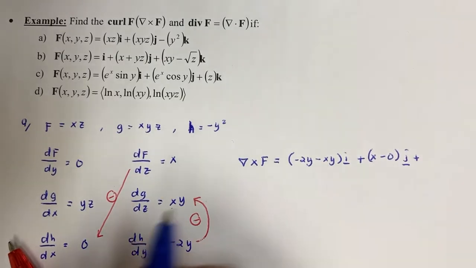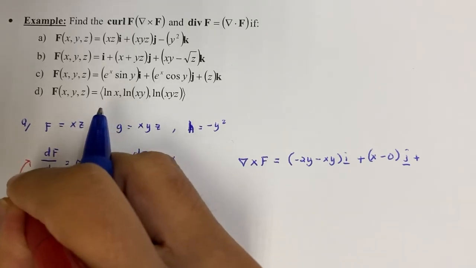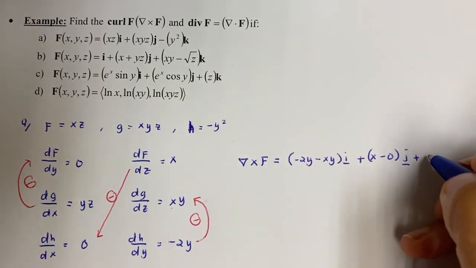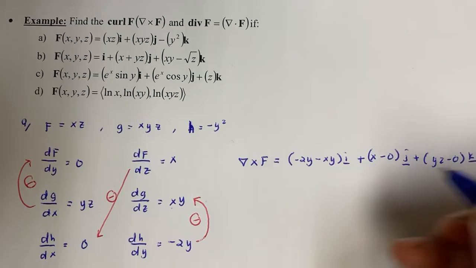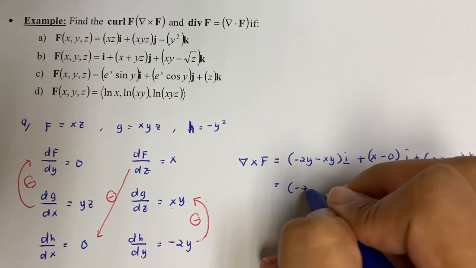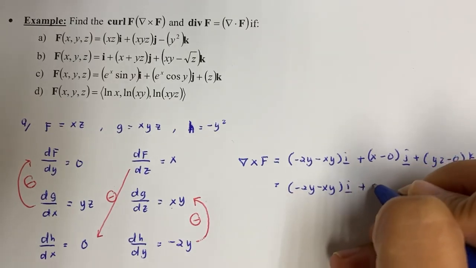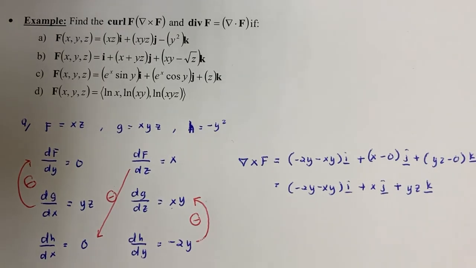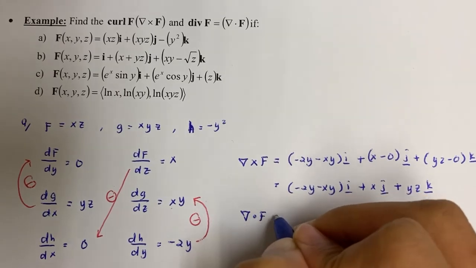And plus dg/dx minus df/dy, so you have yz minus 0 for k. That's it for curl: i plus xj plus yz k.